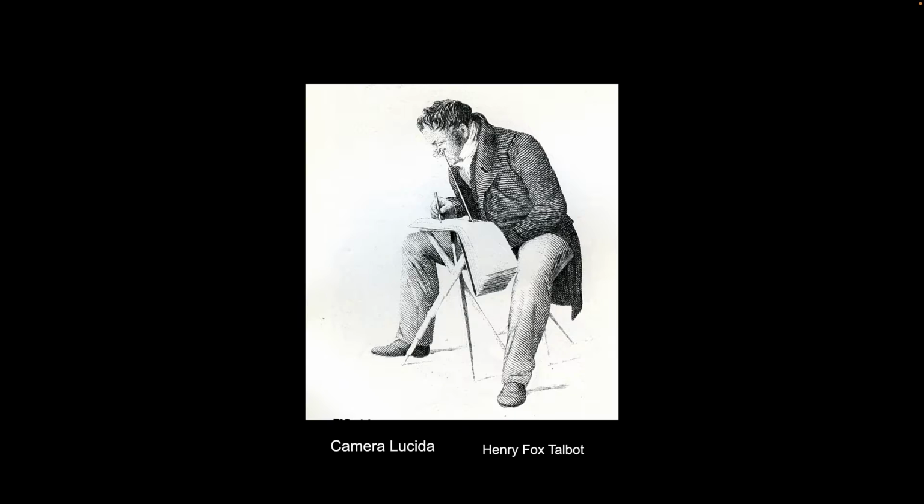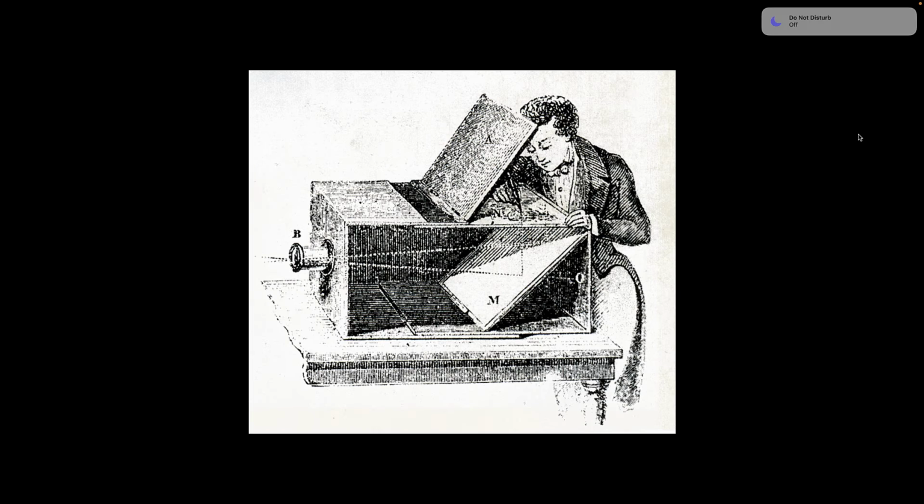Along the lines of perspective, there came an obsession with associating the perspectival, two-dimensional perspectival representation of space with accuracy. And so this is a guy named Henry Fox Talbot using something called the camera lucida, and this is the camera obscura.